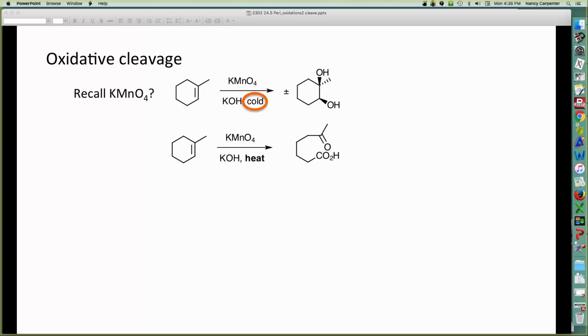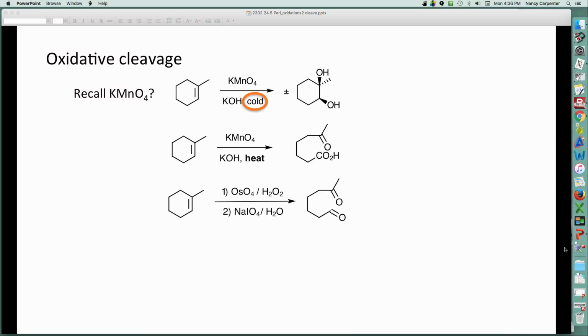What you can see here is that I'm basically getting a ketone right here, and at the other side I'm making a carboxylic acid, and we will soon see why we get the two different functional groups on the two different carbons of the alkene. So permanganate and heat, oxidative cleavage.